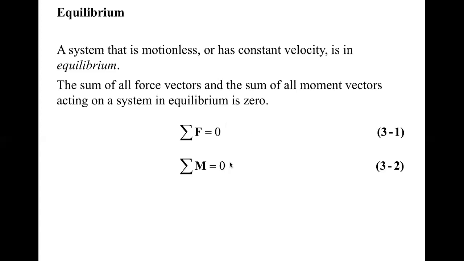Similarly for the moments, it is a vector. You can write sigma Mx equals 0, sigma My equals 0, and sigma Mz equals 0. So moment about x-axis, moment about y-axis, and moment about z-axis.